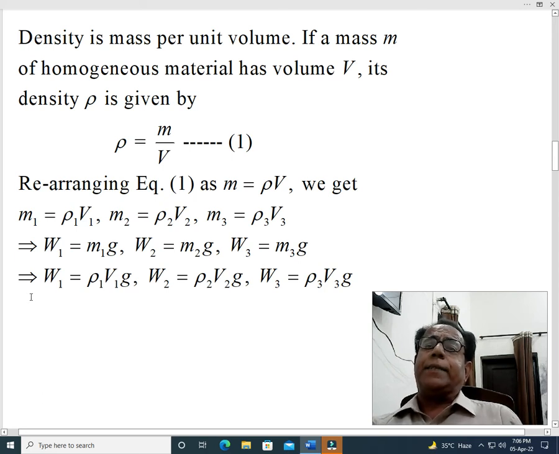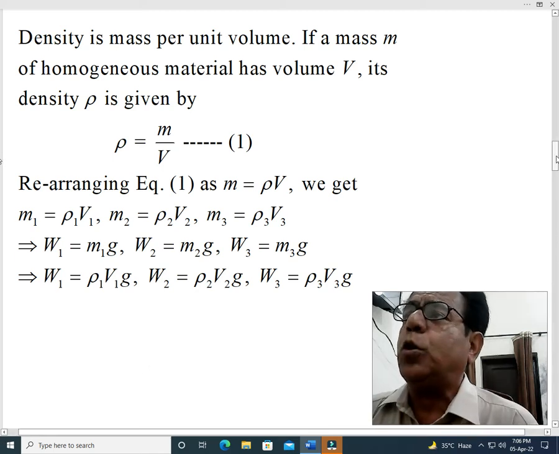This implies that, now we are putting the values of m1, m2 and m3. This row contains three values of masses, m1, m2, m3, and we will put these three values in these three equations. All these three equations are written in a single row. W1 equal to rho 1 V1 g, W2 equal to rho 2 V2 g, W3 equal to rho 3 V3 g.